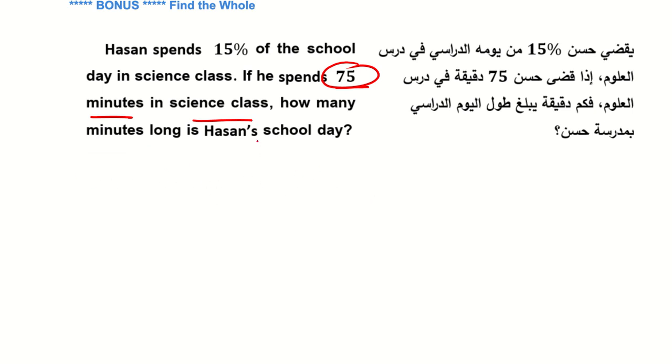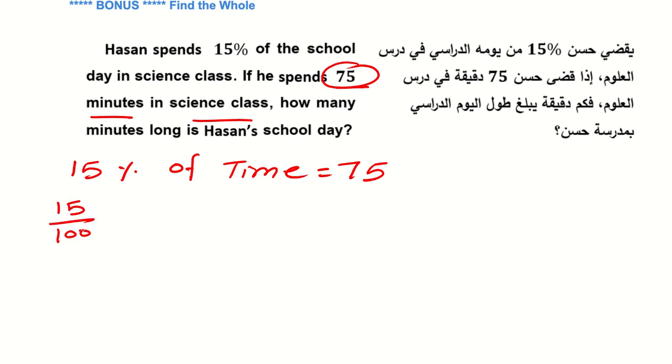So here we don't know the total time, so 15% of time is equal to 75. Now here you can do this question in two ways. One, by the simple percent method, that is 15% means divided by 100, of means multiply, time, the full time we don't know, is equal to 75.